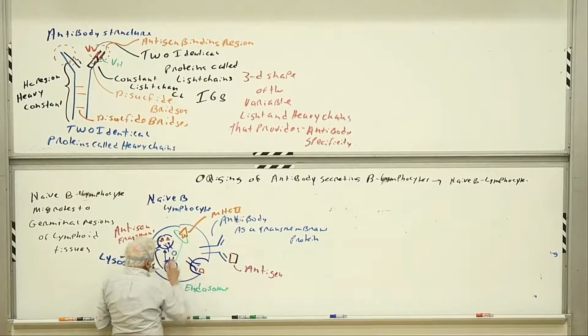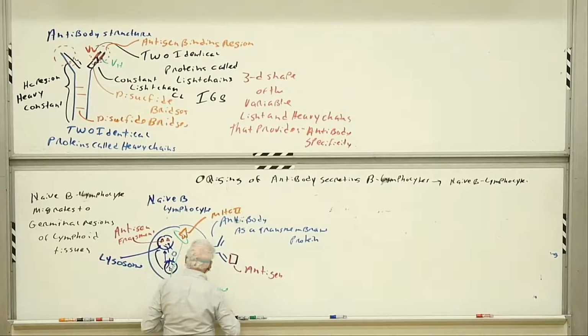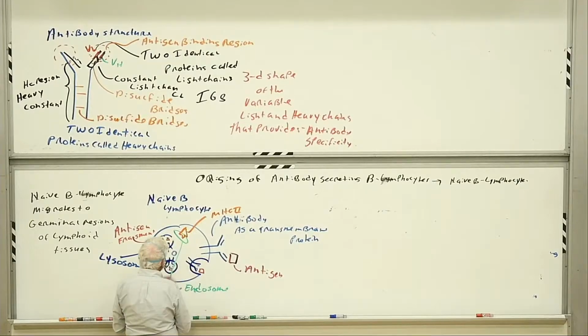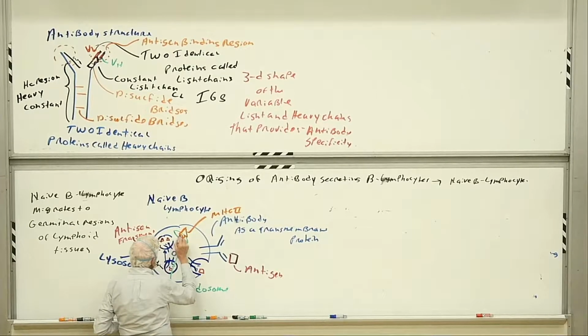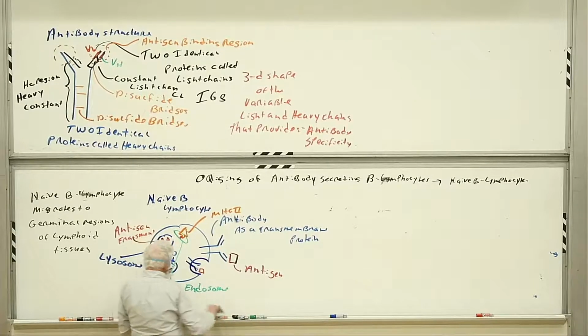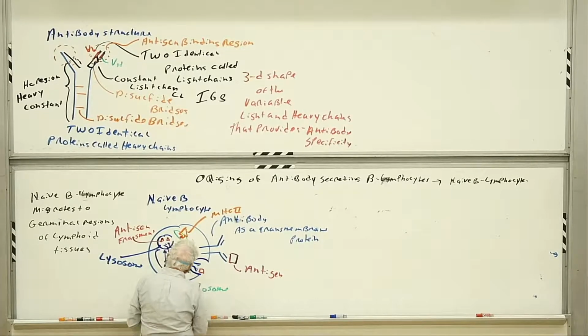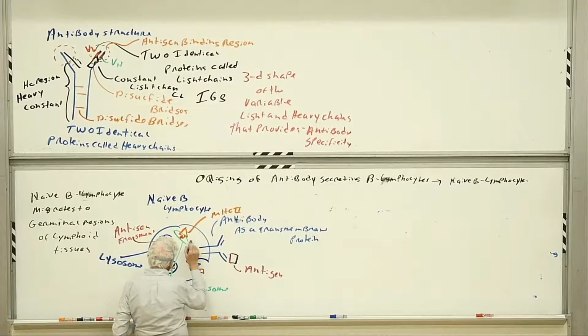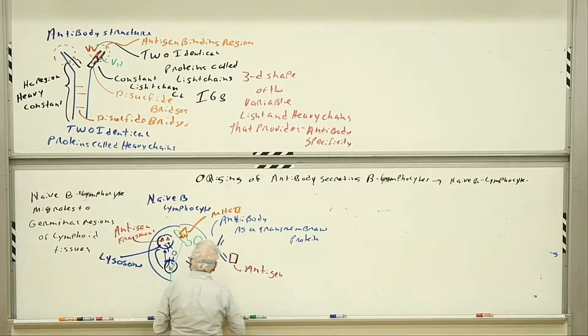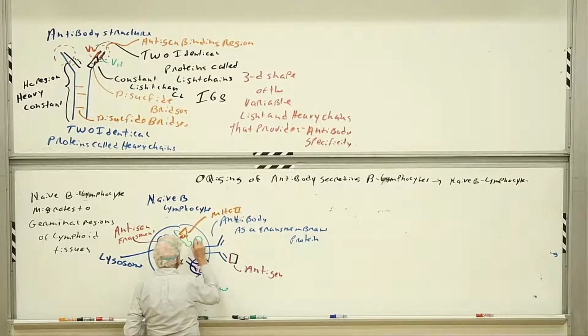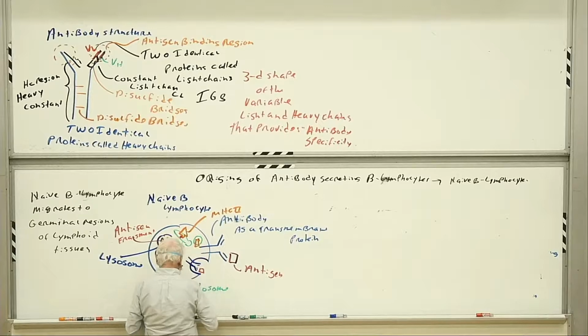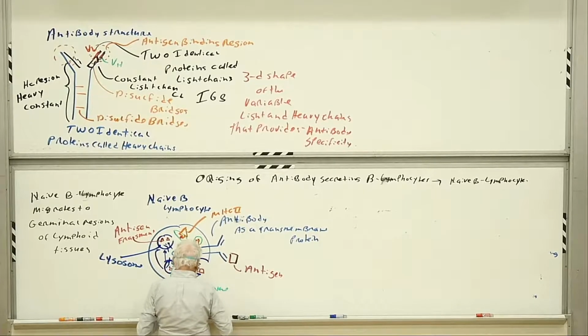So this MHC2 protein, just as we saw for the macrophage, is now going to bind to the antigen fragment. Then a vesicle buds off from the endosome. The vesicle contains within it the MHC2 protein with the antigen fragment.